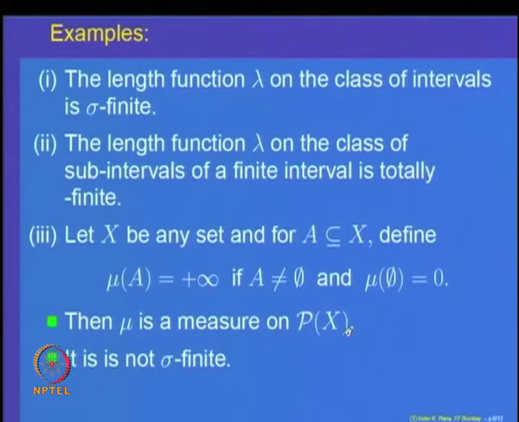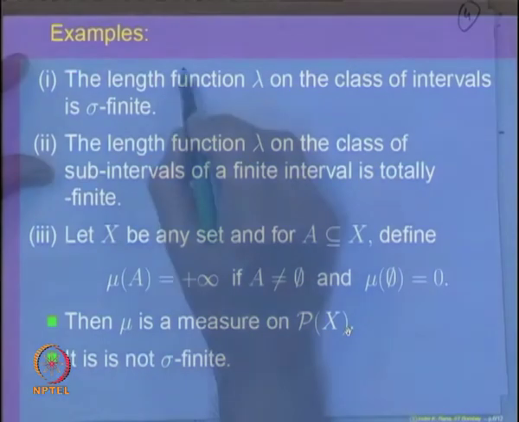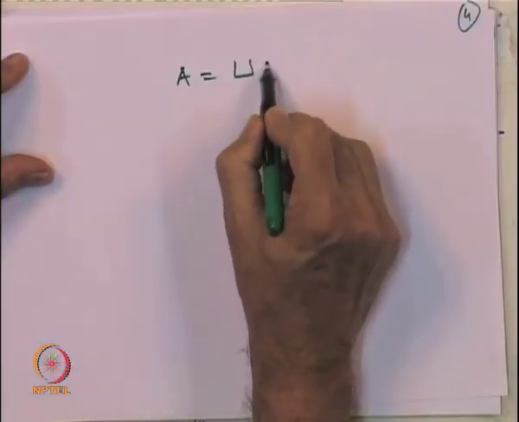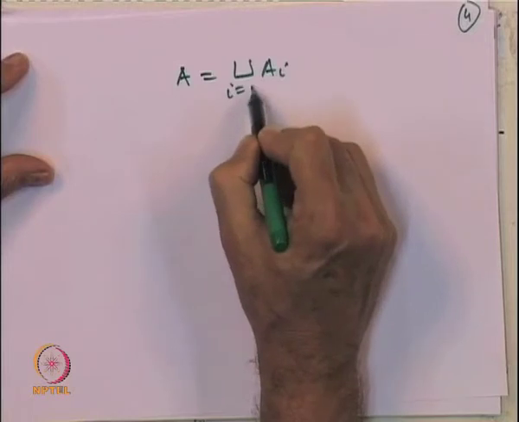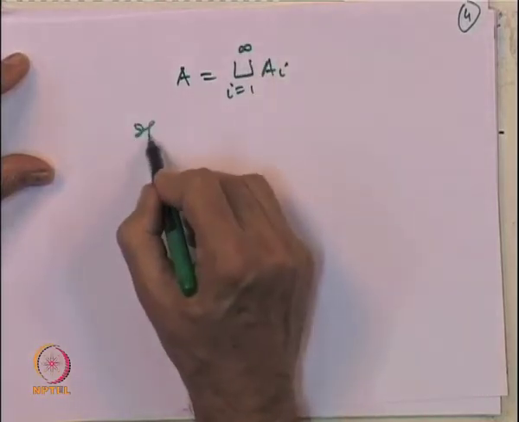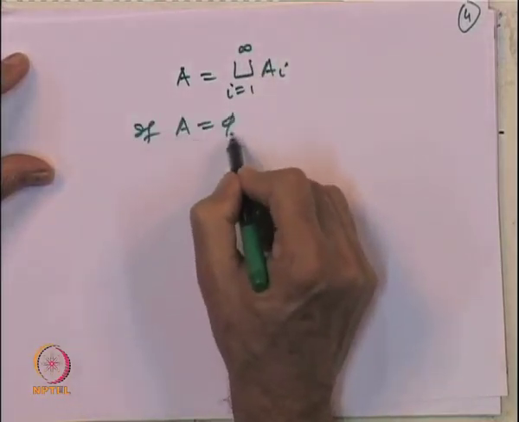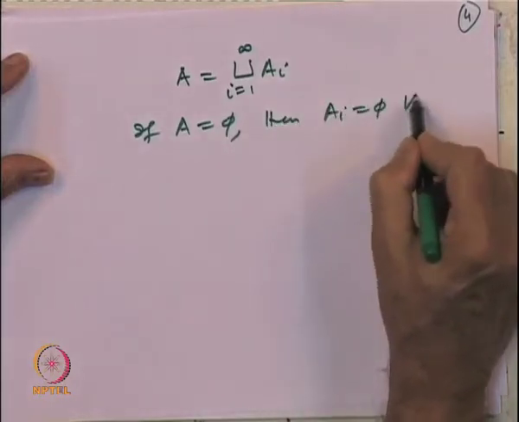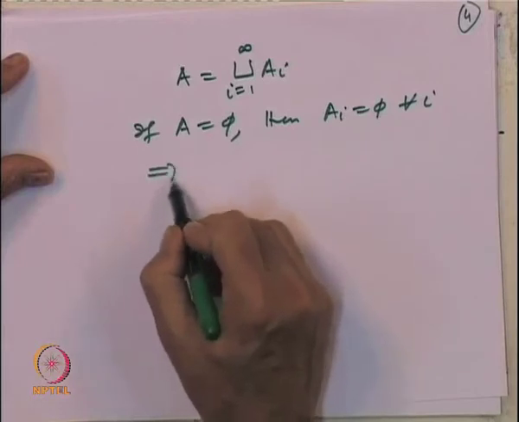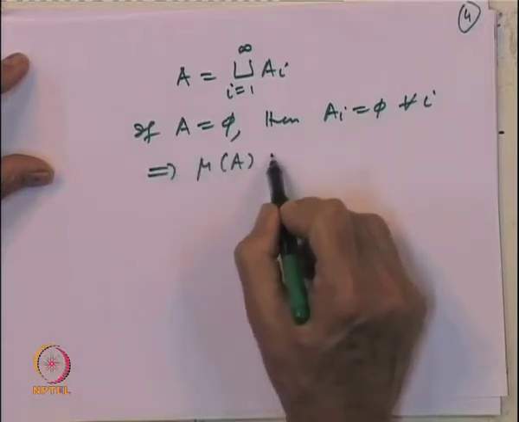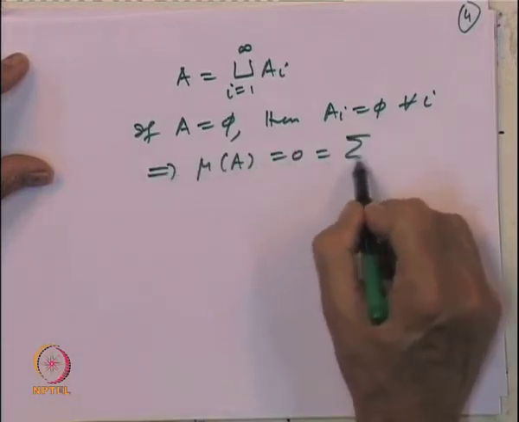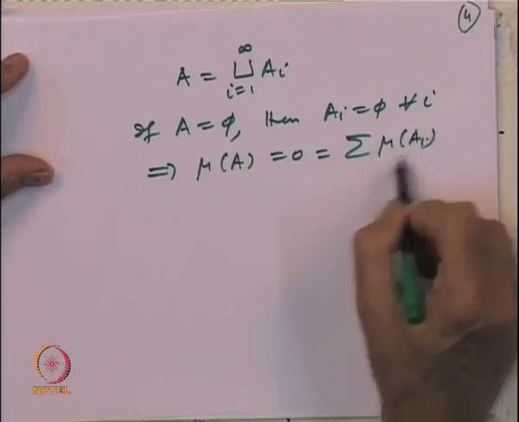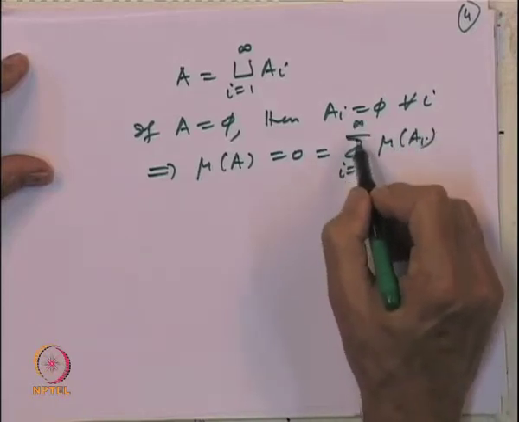So, supposing A is equal to the union of A i's, i equal to 1 to infinity. If A is equal to the empty set, then A i is equal to the empty set for every i, implying mu of A, which is 0, is the same as sigma mu of A i's, i equal to 1 to infinity.